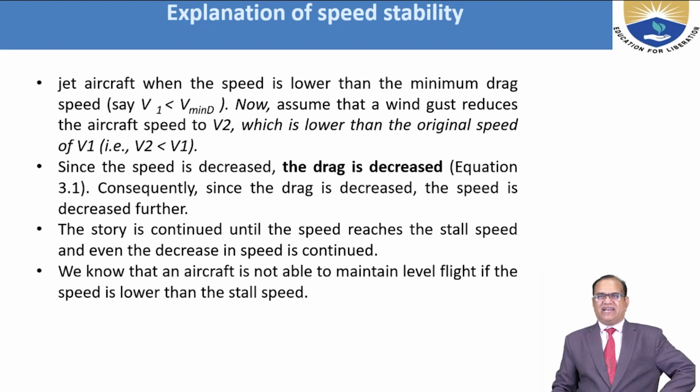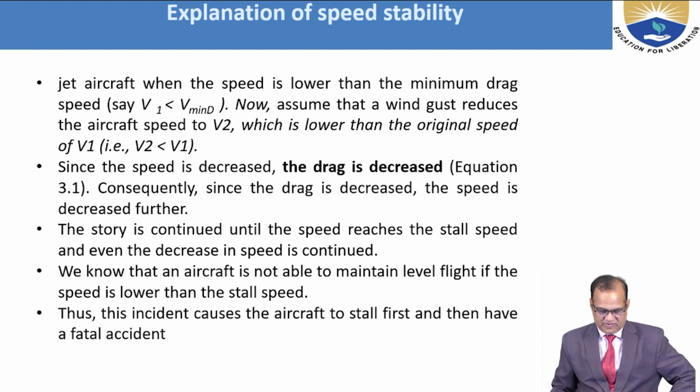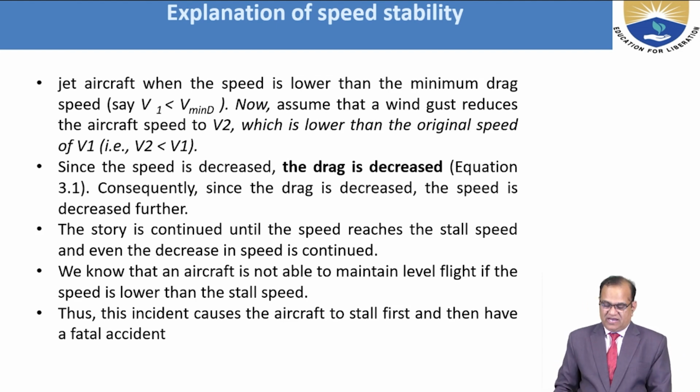We know that an aircraft is not able to maintain level flight if the speed is lower than the stall speed. Thus, this incident causes the aircraft to stall first and then have a fatal accident. So in a situation like this, the aircraft will meet with an accident.